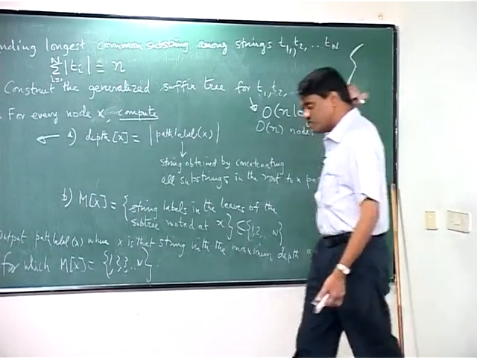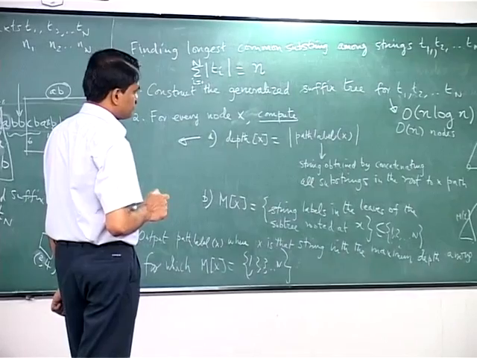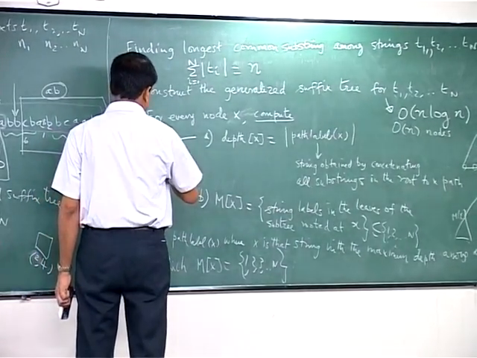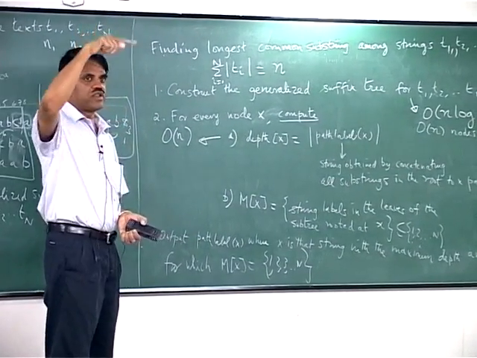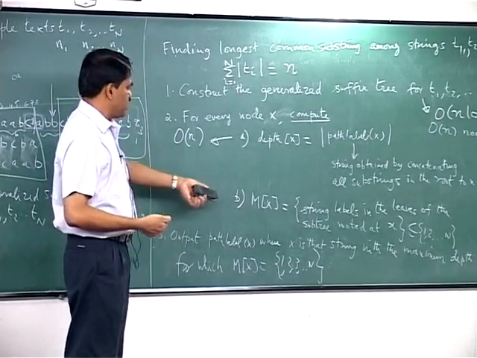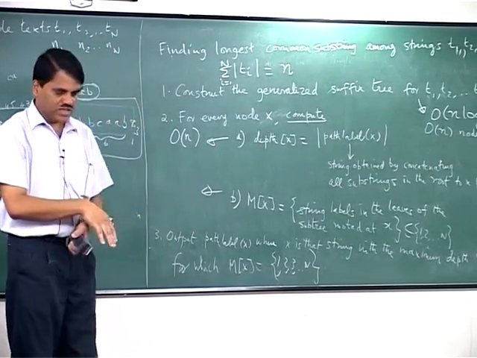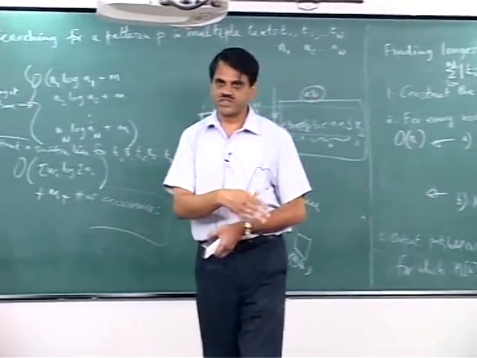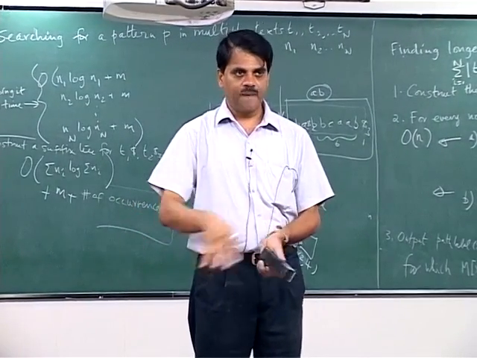So if you do these calculations, I would say this takes order n, because I am here, I just look at my parent, whatever that value is, and add that h, and in constant time for every node I can do it. And here for every node, the time I spend is proportional to the number of children, which could be as bad as size of sigma, because the number of children at a node could be 1 for every character plus $1, right.